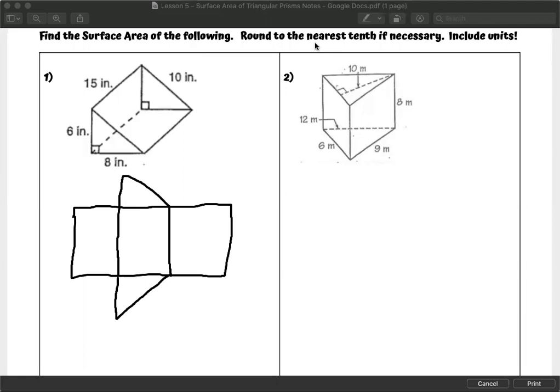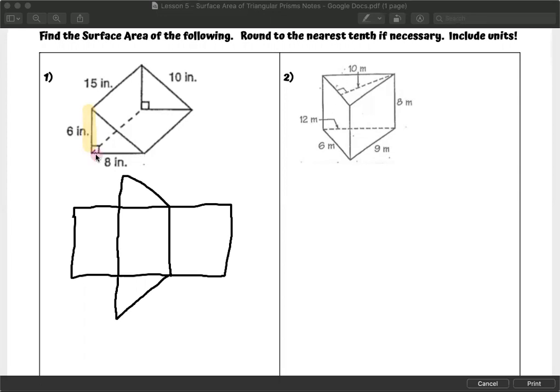When I am looking at my triangular prism and trying to figure out the net, I look for the triangle here, and I'm going to highlight the three side lengths. I'm going to highlight my smallest side, which we've got right here, 6 inches.